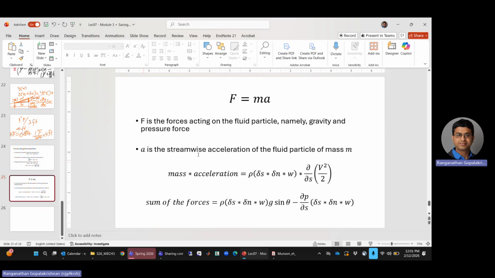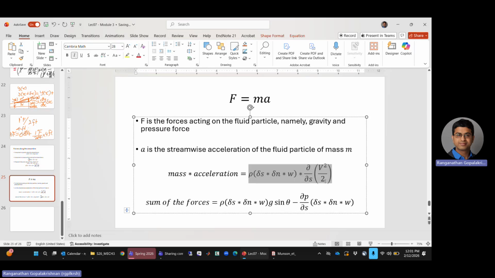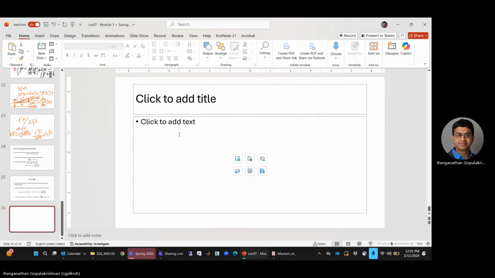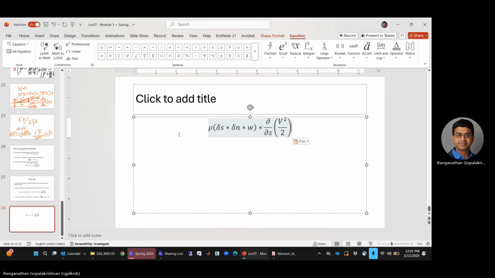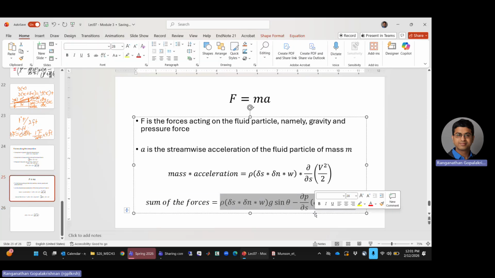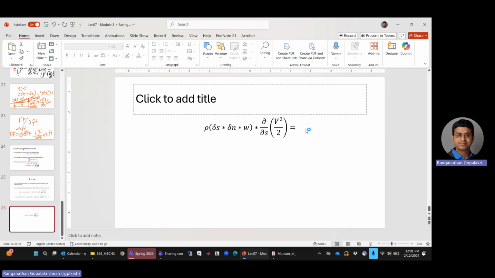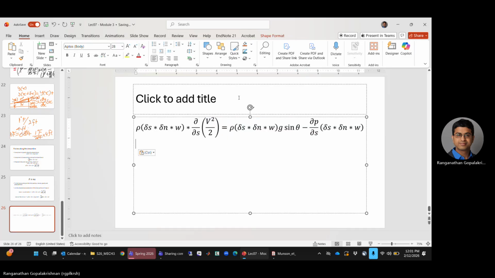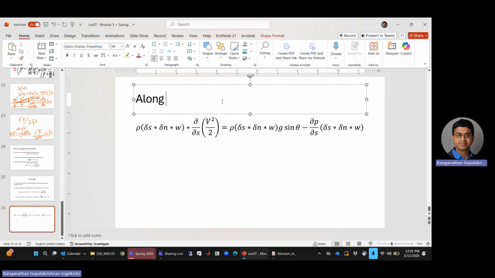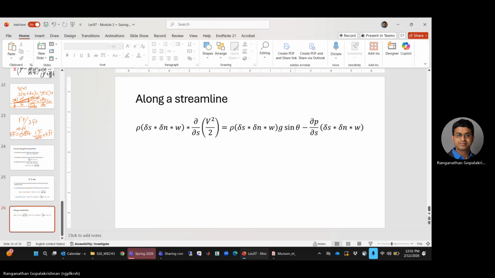We are going to take this, put it here. This is equal to mass times acceleration, sorry, sum of the forces, which is here. So you should also write, along a streamline, this relation is true.